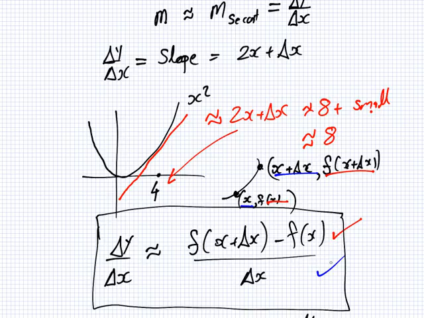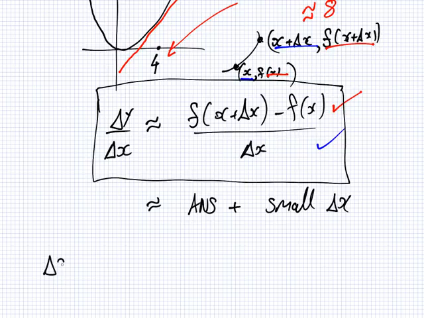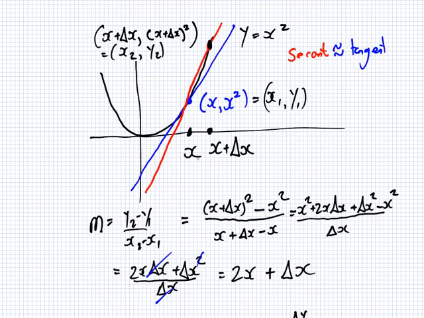Now, we're talking about making the delta x a really small number. What do you think happens if the delta x becomes so small it's actually 0? Do we still have a secant? Not really, because if the delta x is so small that it's become 0, instead of having 2 points you only have 1 point, because they both come together.